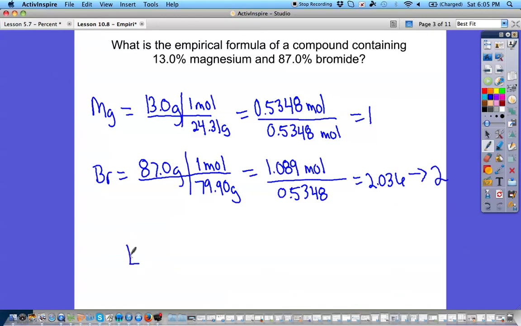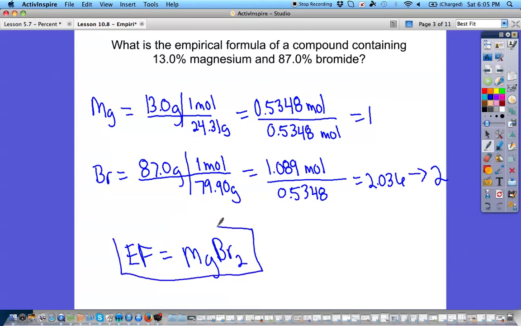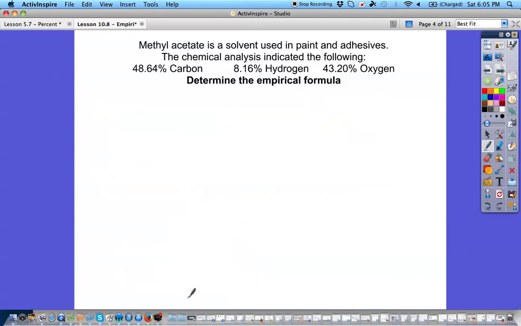So now my empirical formula, and I'm going to abbreviate this EF, is going to be Mg1, but remember in our formulas we don't write 1 as a subscript, and then Br2. So that's my empirical formula. Okay. Let's take a look at another example.